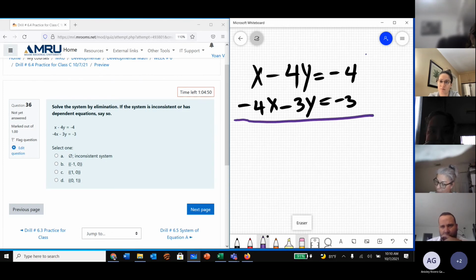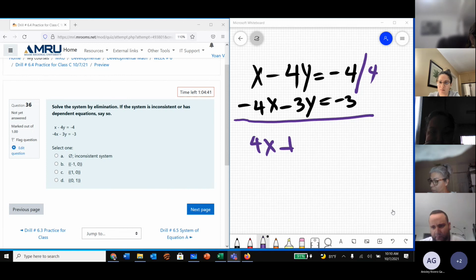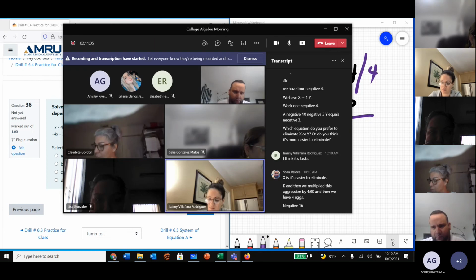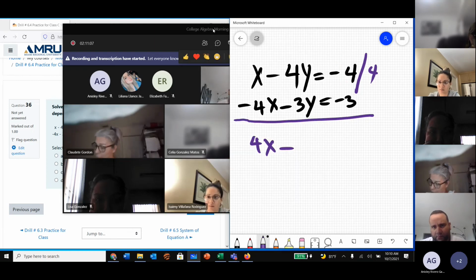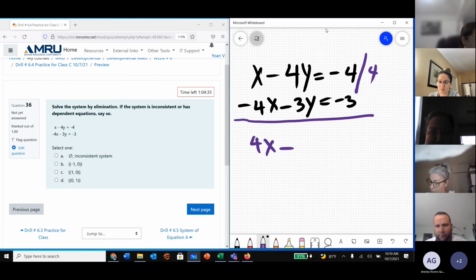Okay, and then we multiply this equation by 4, and then we have 4x minus 16y equals negative 16.